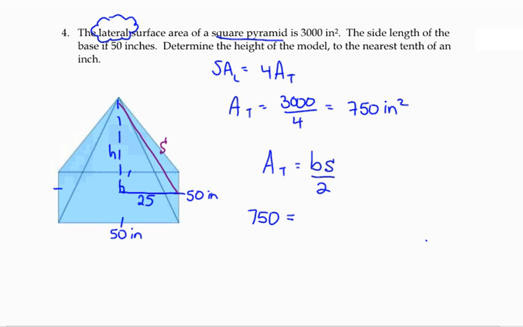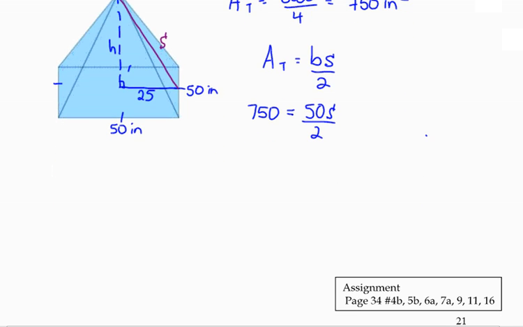Do we know the base? Yeah, it's 50 times S divided by 2. How can we simplify this? Can we figure out 50 divided by 2? 25. Yeah, it's 25S. Now what, to get S by itself? Divide by 25. And I'm pretty sure it's going to give us 30.